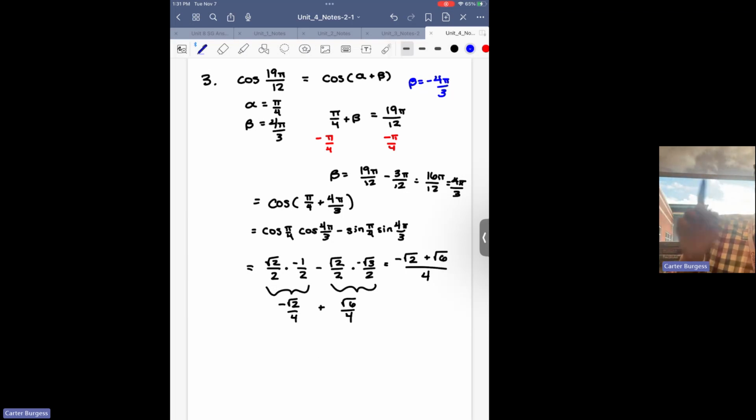If you are going to set this up as a difference, is your beta going to be negative 4 pi over 3 or positive 4 pi over 3? So if it's negative, then we would have pi over 4 minus negative 4 pi over 3.